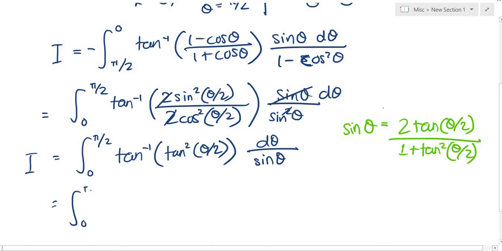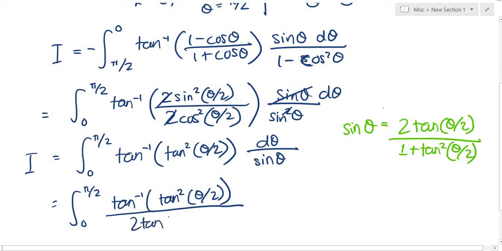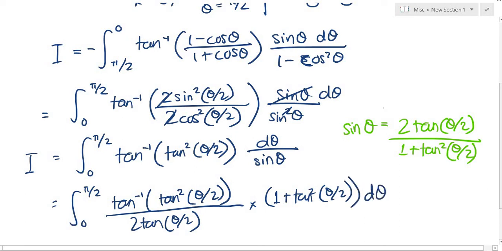So we have the integral from 0 to pi over 2 of the inverse tangent of tan squared theta by 2, and then instead of this sine theta we can write 2 tan theta by 2 in the numerator, and then the denominator goes on top, gets flipped, basically 1 plus tan squared theta by 2, and don't forget the d theta.